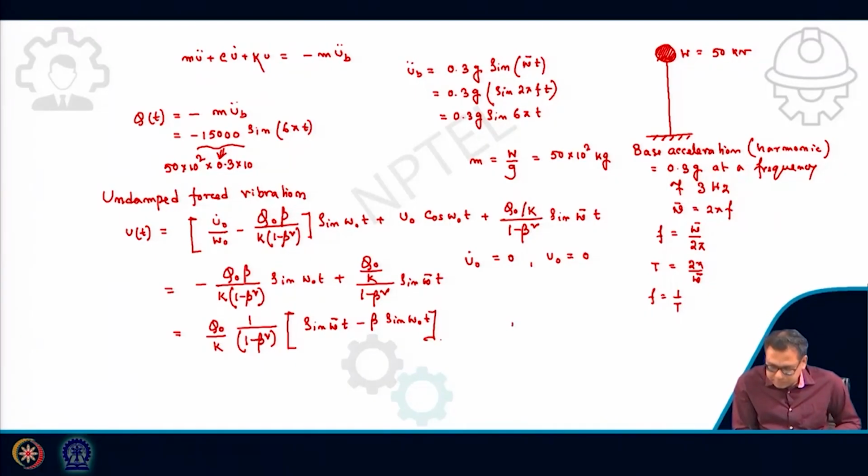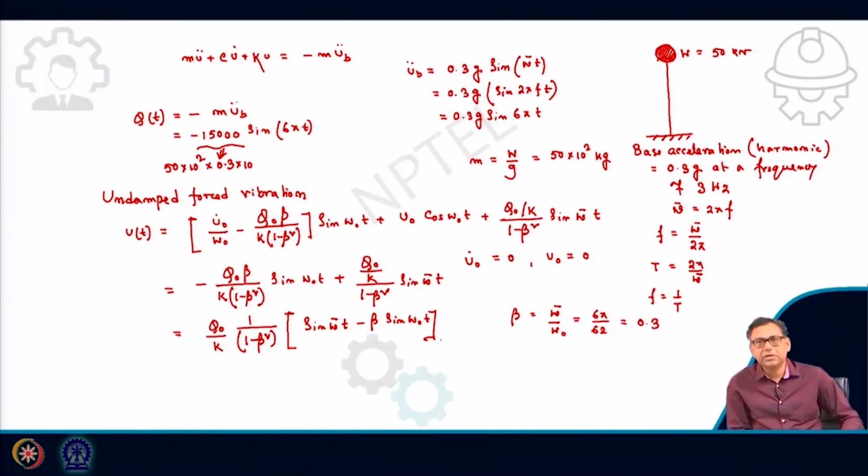Where beta is the tuning ratio, which I have already discussed. It will be omega bar by omega 0. Omega bar is 6 pi, omega 0 is 62 pi, so this will be 0.3. So the tuning ratio will be 0.3.